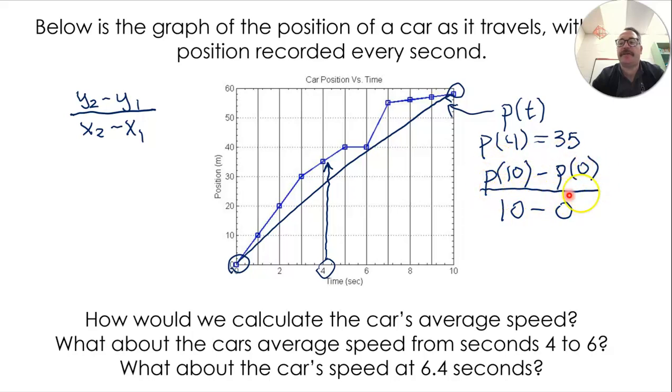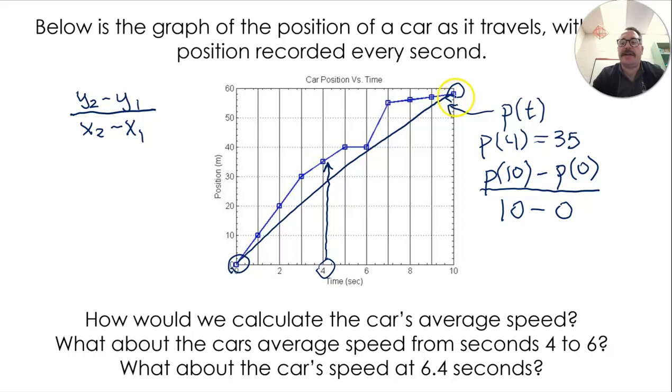These are y values up here. P of 10 is referring to this value that's right up here. P of 0 is referring to the y value, or the position of the car at 0. And then we're dividing by x2, which is 10, minus x1. So the difference in the car's position divided by the difference in time.